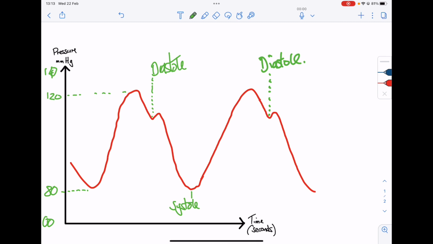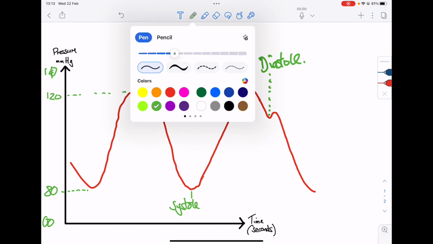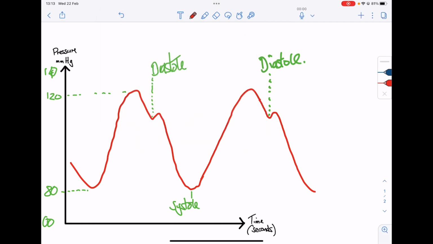Then they might ask you, oh yes, but well doctor, where does the aortic valve open? And quite naturally you can figure this out because we have systole and diastole already labelled. So the aortic valve must open at systole. And it also naturally should close in diastole.